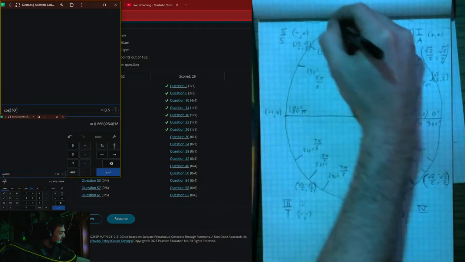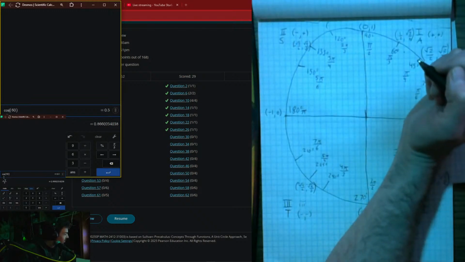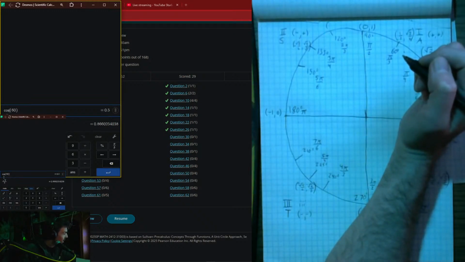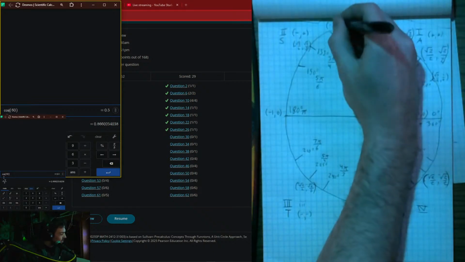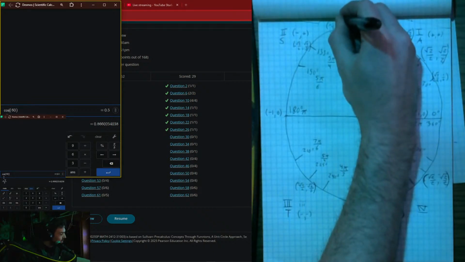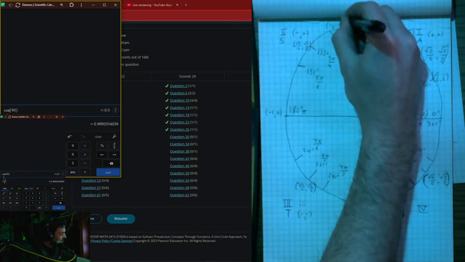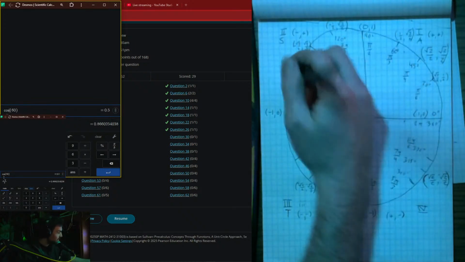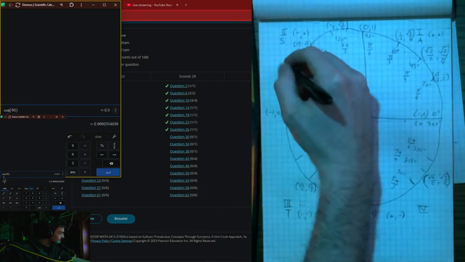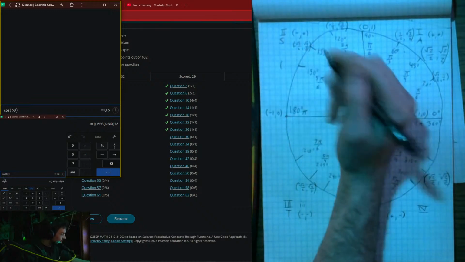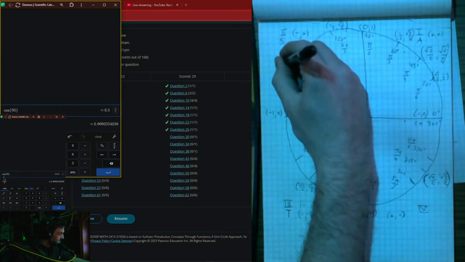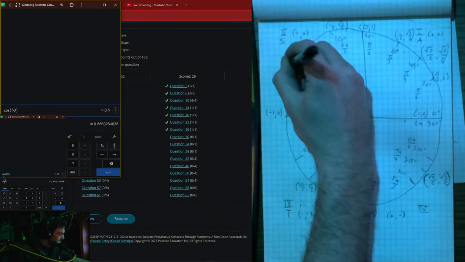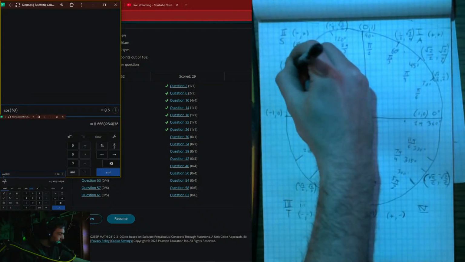So for 120 degrees, x is negative 1/2, y is square root of 3 over 2. 150 degrees is negative square root of 3 over 2, 1/2.